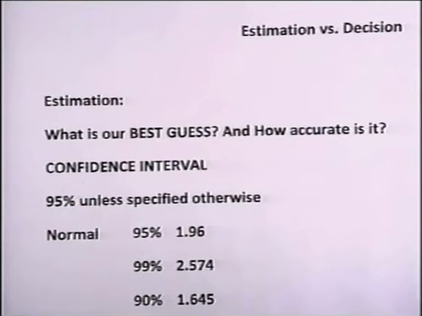Now, how do we calculate this? If we're dealing with a normal distribution, what we have to do is figure out how do I get 95% in the middle. What it means is if we have 95% in the middle of the distribution, we're going to have 2.5% to the top and 2.5% to the bottom. If you remember how we calculated things, the normal table gives you the less than.